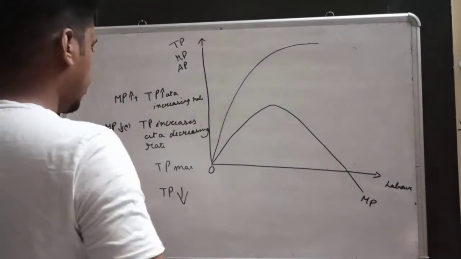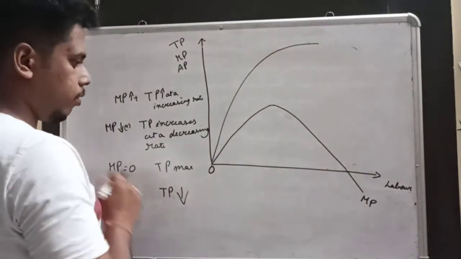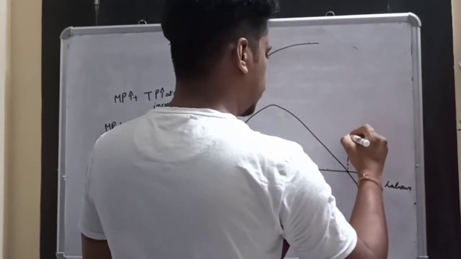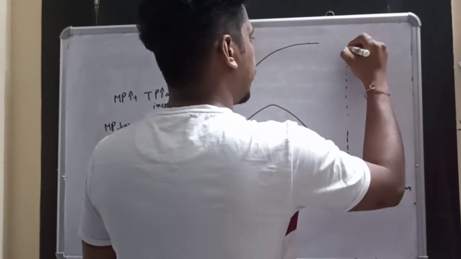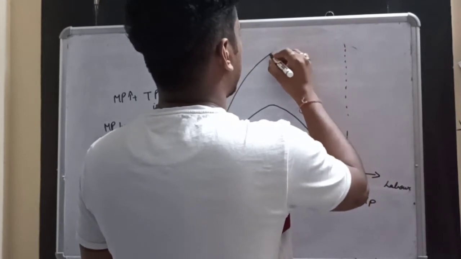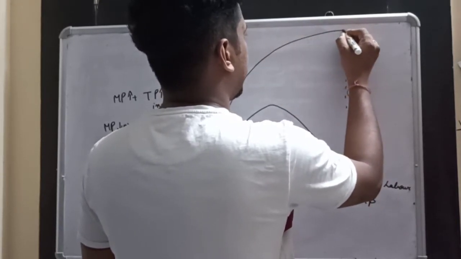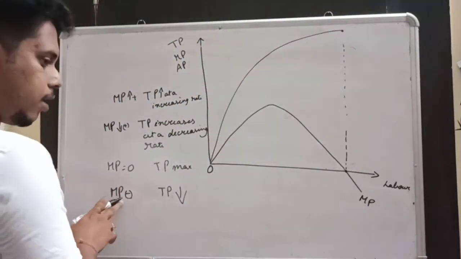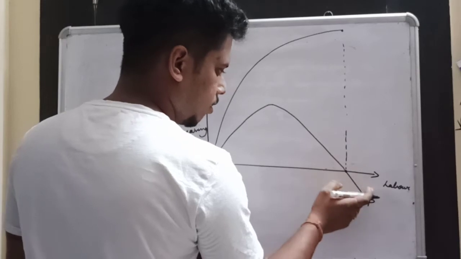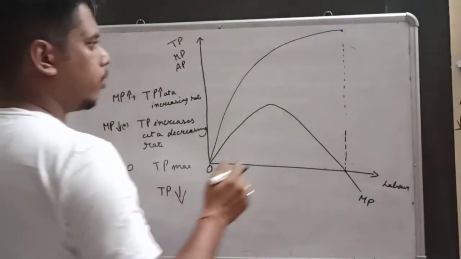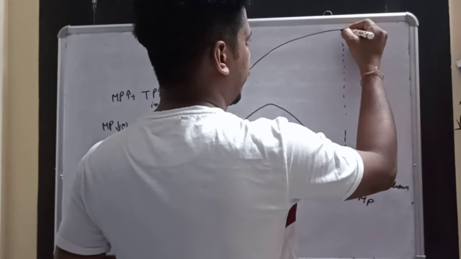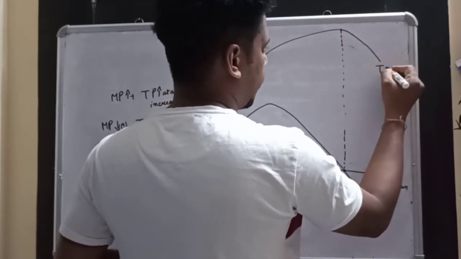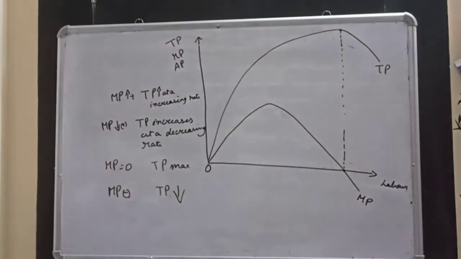When marginal product is 0, total product will be maximum. That means at this point marginal product is 0, so corresponding to this point, total product will be maximum over here. And as marginal product becomes negative beyond this point, total product will start falling. This is the TP.